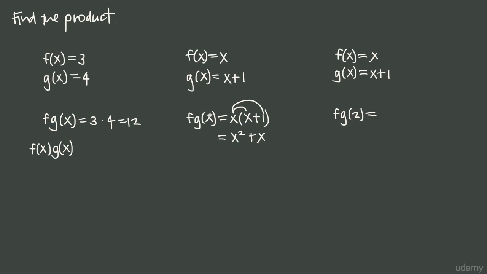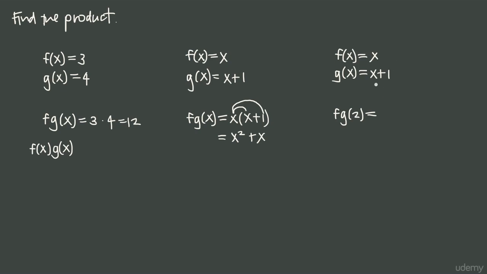But sometimes you're going to be asked to find something like this, fg of 2. And when that's the case, basically what we're being asked for is to find the product of the functions, but find that product evaluated at x equals 2. And when that's the case, there's two ways that we can go about this. So we can either find the product first.